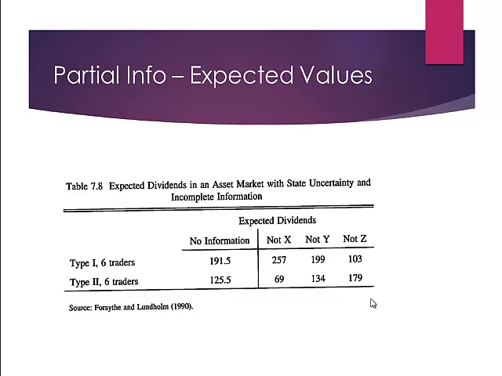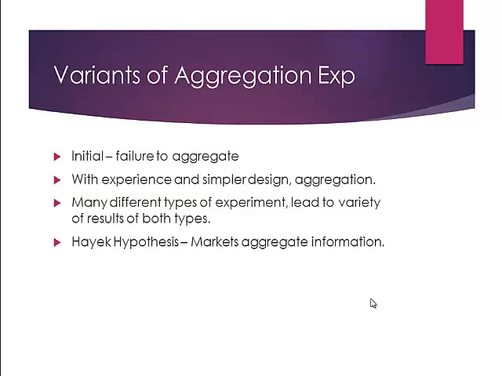So now the question was, will the market be able to aggregate this information and come up with the equilibrium in which the information is known to everybody? So this was the experiment. Well, basically there were no clear results from this.